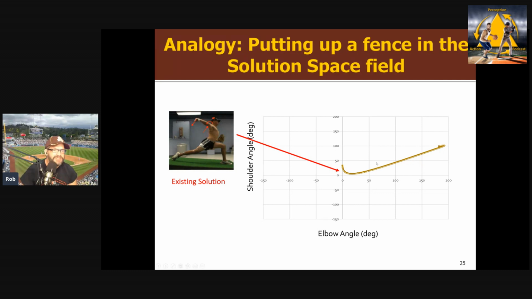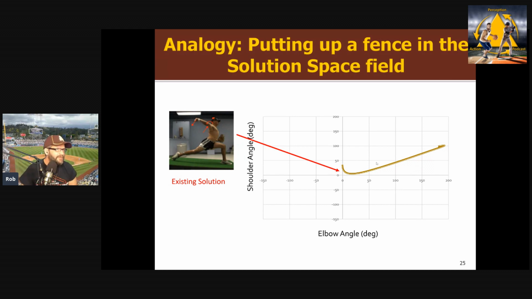The coordination solution is going to be a trajectory through solution space, right? You're going to start at one point in solution space, maybe with the arm straight, and by the end of it, it's going to be bent, right? So that's the way we represent it. And I've drawn this with that orange line. Again, don't take it too seriously. It's not meant to be the actual angles they go through here. So this is a solution space that the person is using, okay?